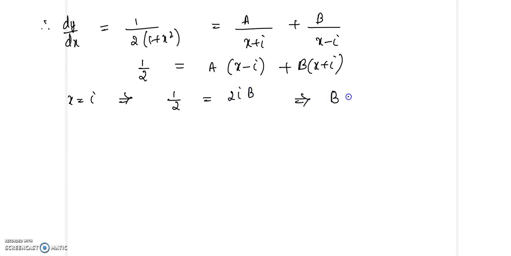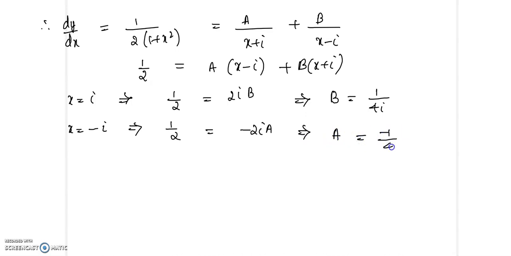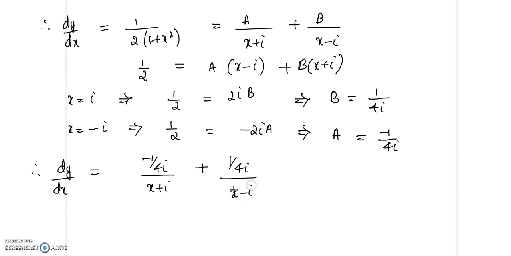So therefore we will get b equal to 1 by 4i, and again when x is equal to minus i, we will get 1 by 2 equal to minus 2ia. So a will be minus 1 by 4i. So therefore dy by dx is minus 1 by 4i into 1 by (x plus i) plus 1 by 4i into 1 by (x minus i).